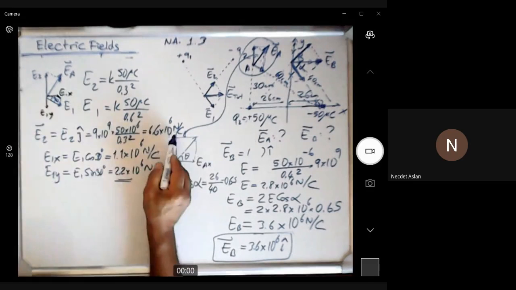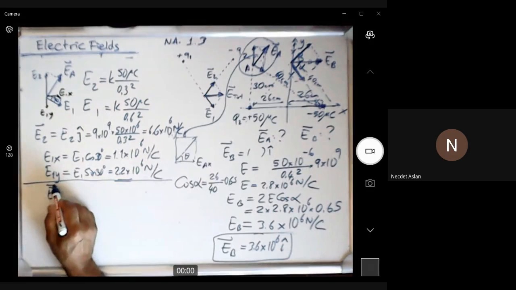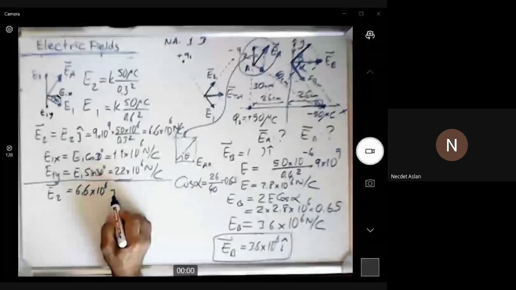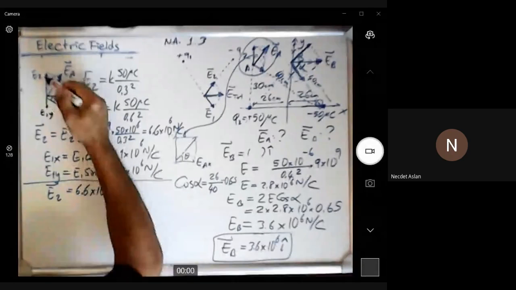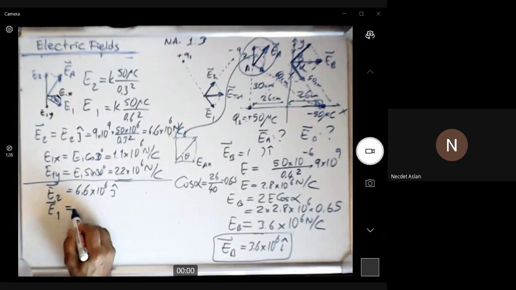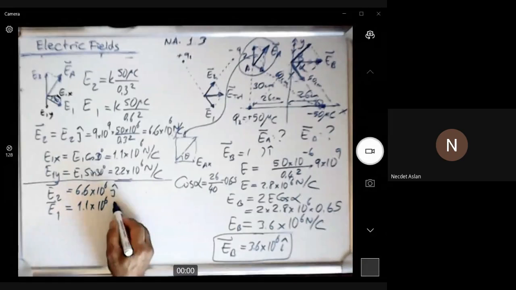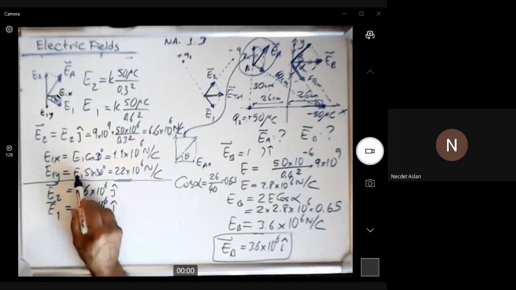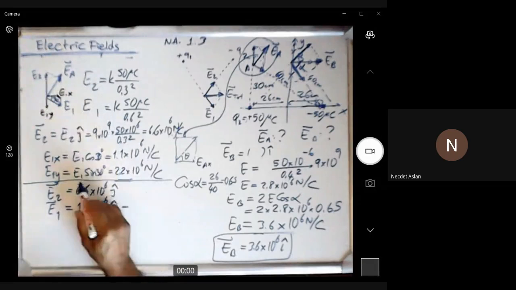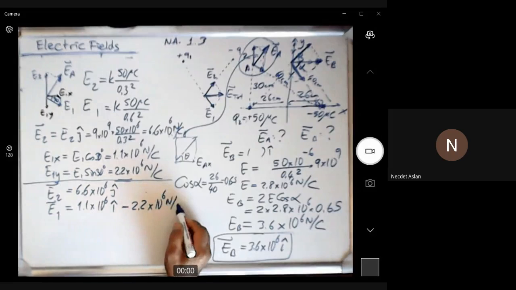So the E2 vector is written like that. Let's write all these vectors individually. The E2 vector is 6.6 times 10 to the 6 J, because it's in the positive y direction. The E1 vector is given by the x component first, 1.1 times 10 to the 6 I. Now the y component is in the minus y direction, as you see, it's downward, so minus 2.2 times 10 to the 6 J Newton per Coulomb.